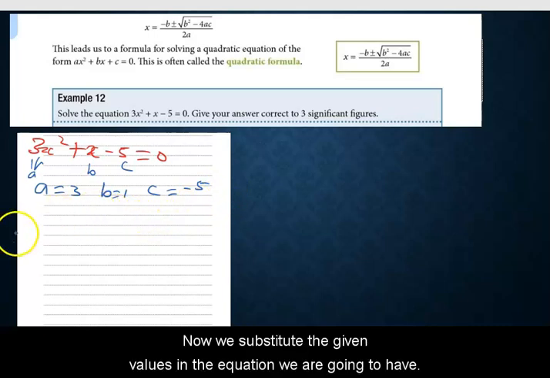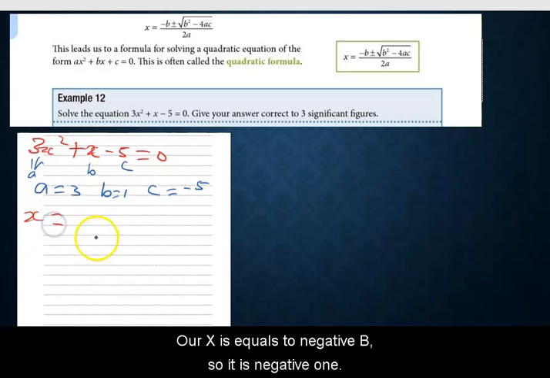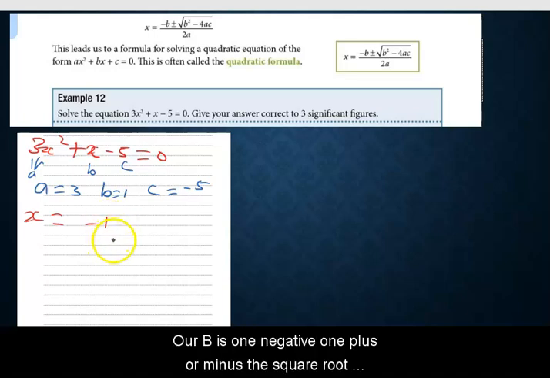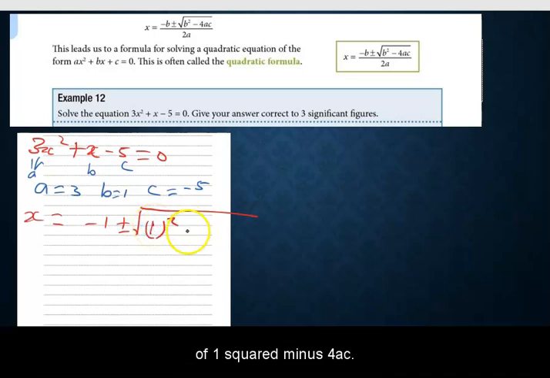Now we substitute the given values in the formula. We are going to have x is equal to -b, so it is -1. Our b is 1, -1 plus or minus the square root of b squared, meaning the square root of 1 squared, minus 4ac.